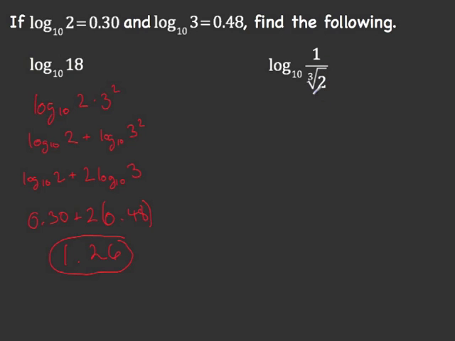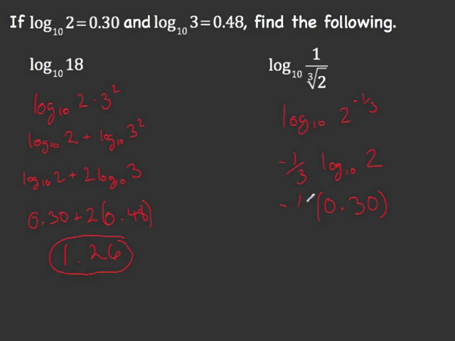Now, if I have something like log base 10 of 1 over the cube root of 2, it looks a little trickier. Really isn't. You've got the log base 10 of 2 to the negative 1/3. So that's negative 1/3 times the log base 10 of 2. Log base 10 of 2 again is 0.30.